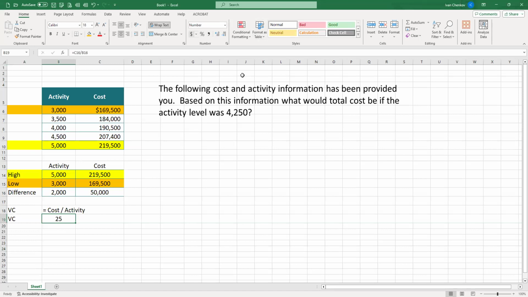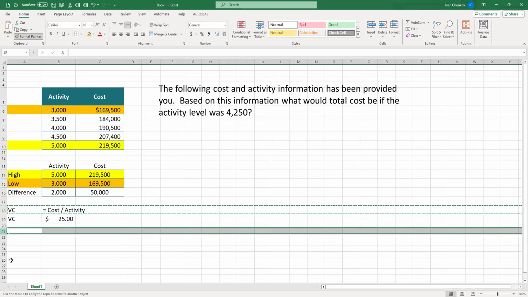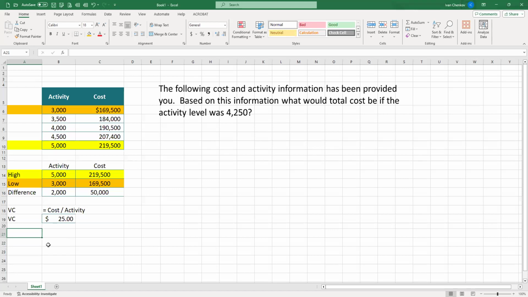Make sense? Yes, Professor. Now the $25 is my variable cost. So what else do I know? I already know that my total cost is equal to the fixed cost plus the variable cost, correct?